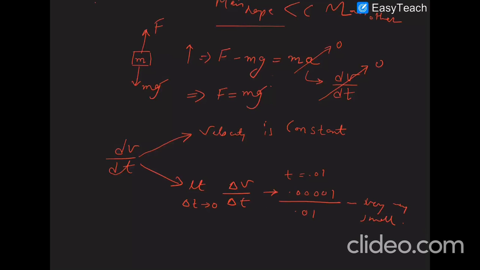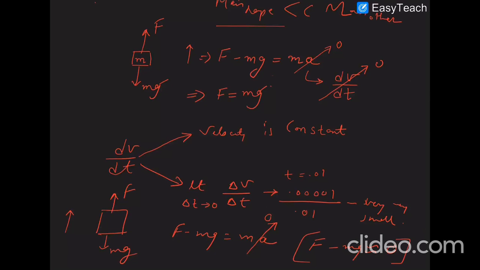So what I am trying to say is, suppose there is a block which is moving up with force F and the gravity force is mg. Now it is moving very slowly, so F minus mg is equal to m into a. But this acceleration is very small. It is not 0, but it tends to 0. So then we can say F is almost equal to mg.